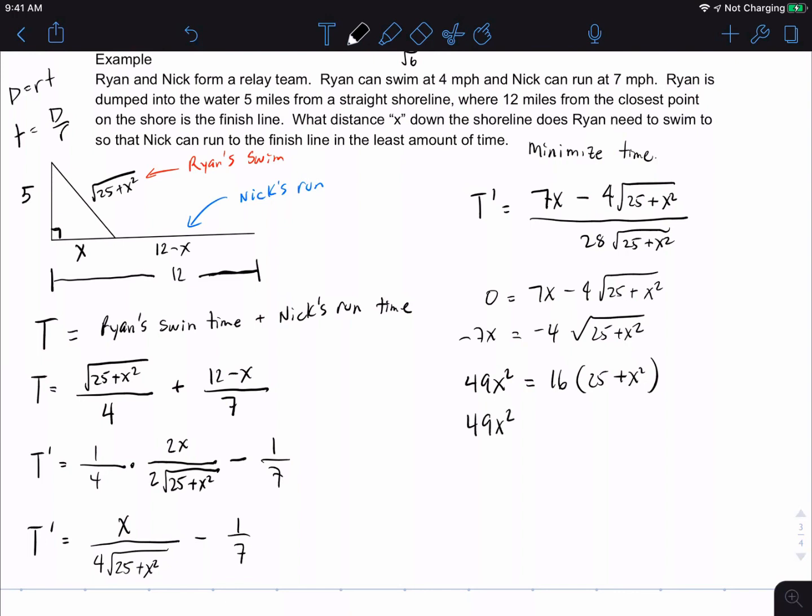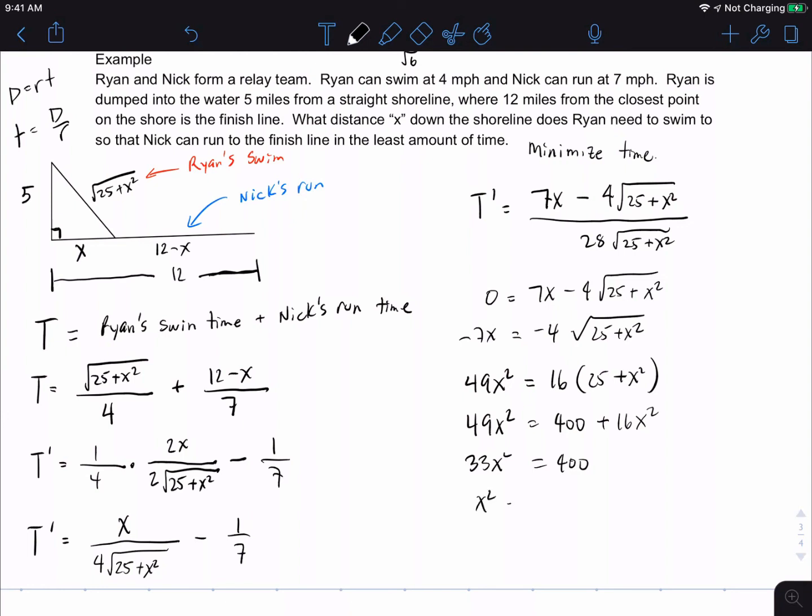And that's going to give me 49x squared is equal to 400, right? Because 16 quarters is $4. Plus 16x squared. Now bringing this 16 over, I'm going to get 33x squared is equal to 400.